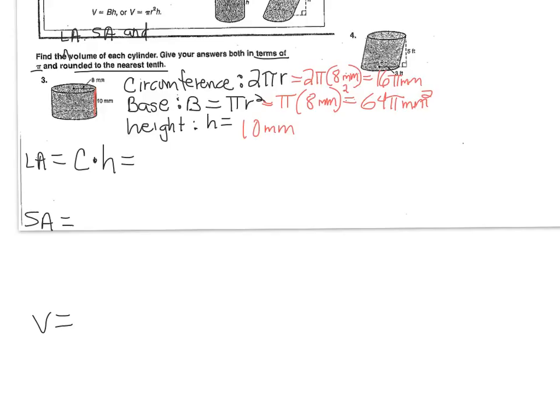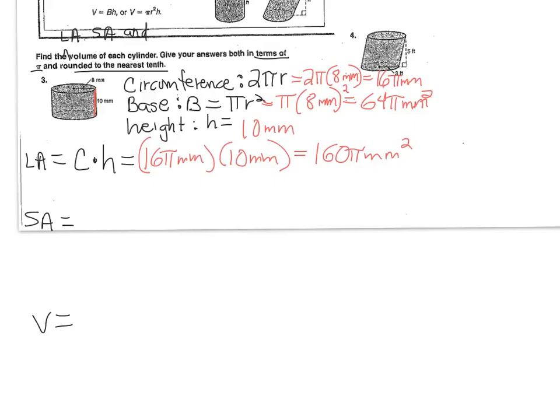And the length around the circle is the circumference, which is 16 pi millimeters times the height, which is 10. And when you multiply 16 times 10, you multiply the number with the number, that is 160. Then you keep the pi, and millimeters times millimeters gives you square millimeters.